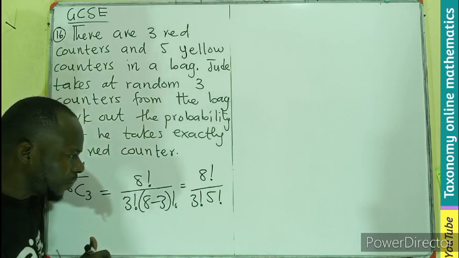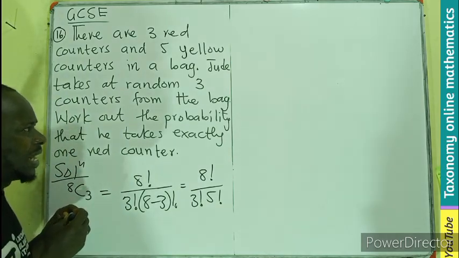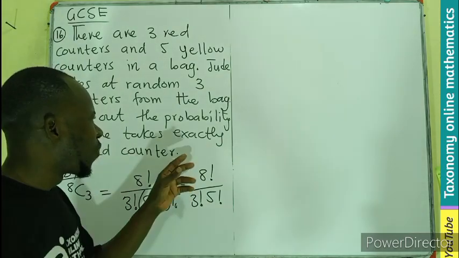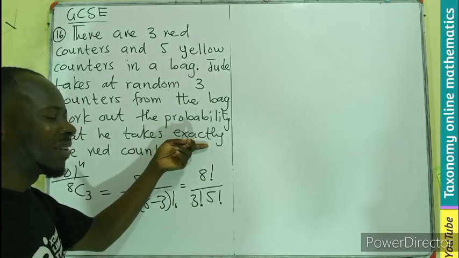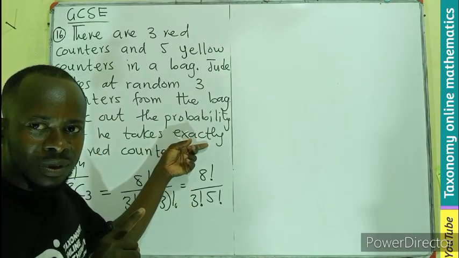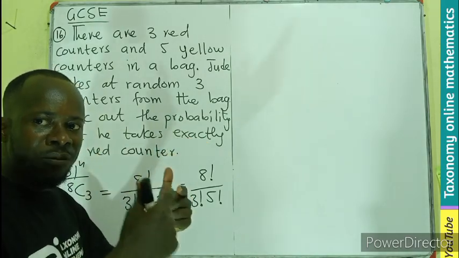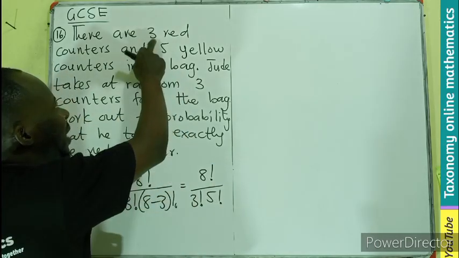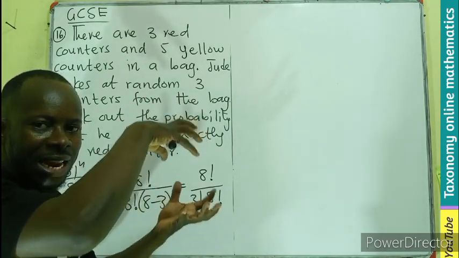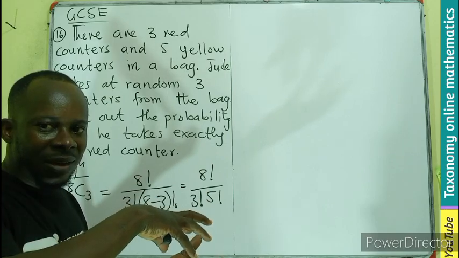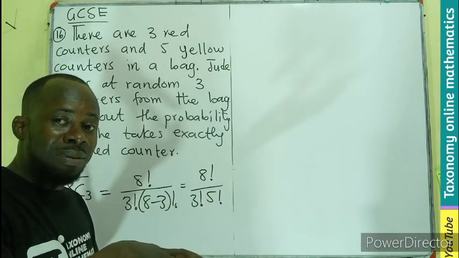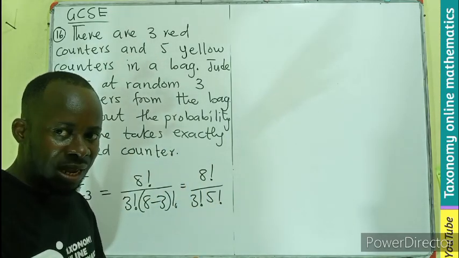That is one. In the second instance, we are looking out for selecting exactly 1 red. And that 1 red will be taken from a pool of what? 3 reds in a bag that contains counters. We have a total of 3 red.